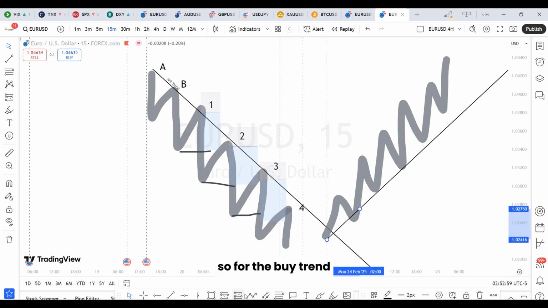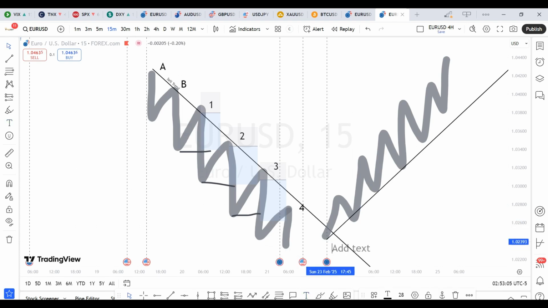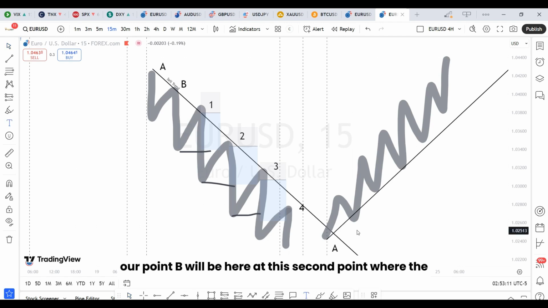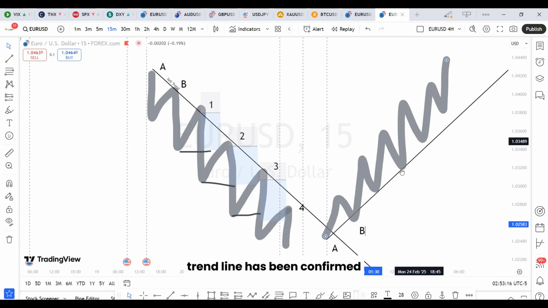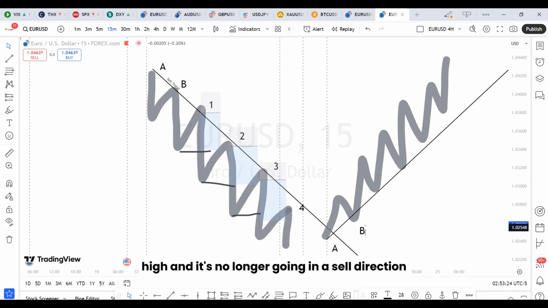So for the buy trend, our point A will be at this first point here, point A. Our point B will be here at this second point where the trend line has been confirmed. So from point A to point B, you must have already known that yes, the market has started going higher high and it's no longer going in a sell direction.